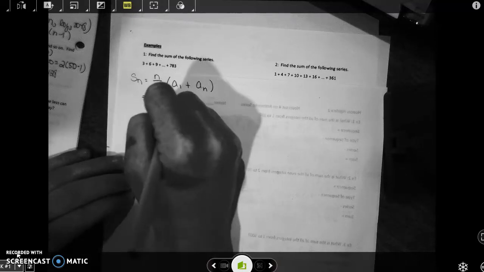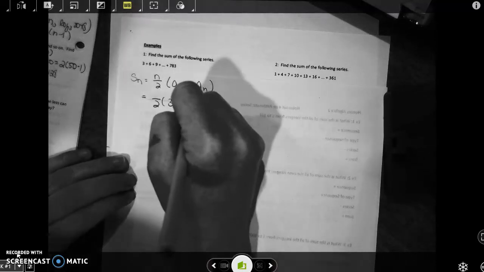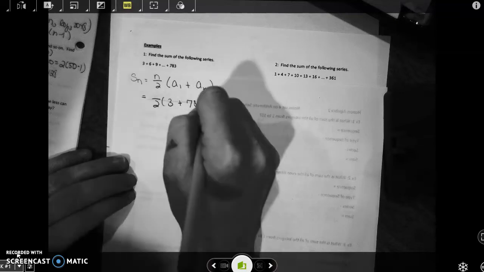So I do know a1 is 3. I know the last term is 783. What I don't know yet is how many terms that is. And if I don't know how many terms, I can't find my number of pairs. So I need to come to the side and have some work to find n.